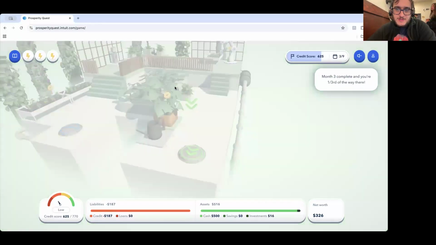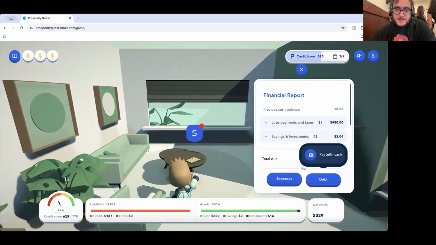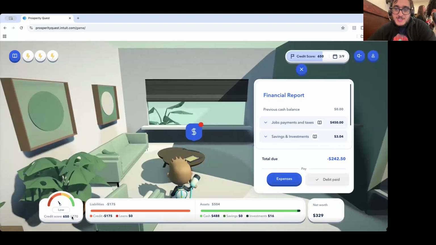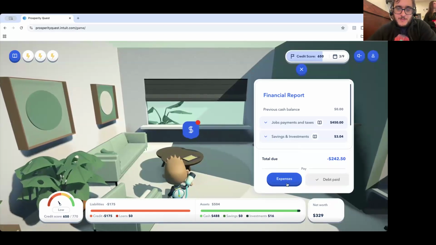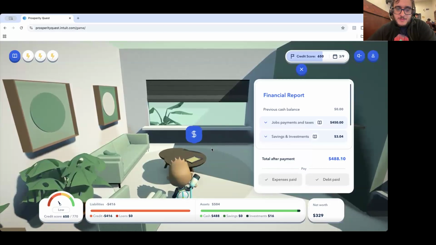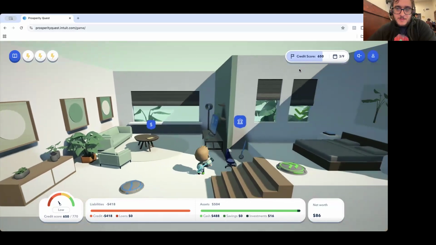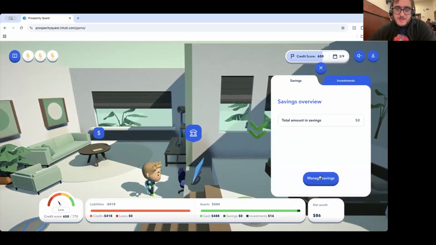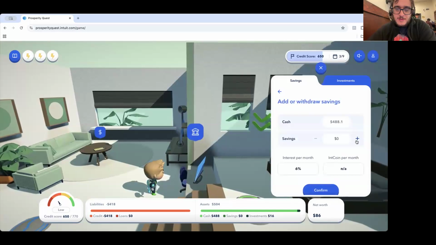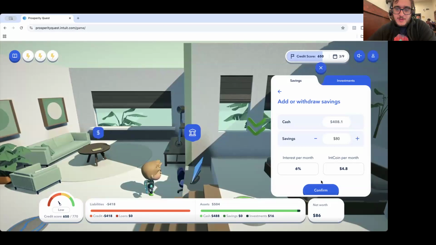I have no more energy points. Let's pay our bills. I'm gonna pay my debt first, pay with cash. It's gone to 650 now. Okay, we're increasing little by little. And then expenses, I'm gonna pay with credit. Okay. Savings, manage savings. Let's increase this a bit. Okay.